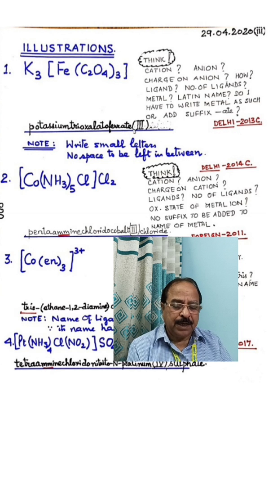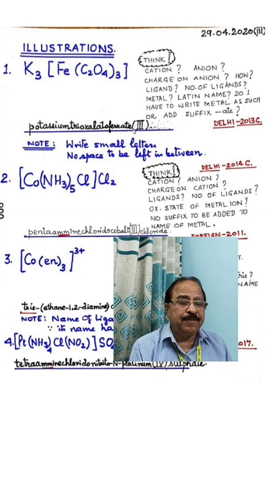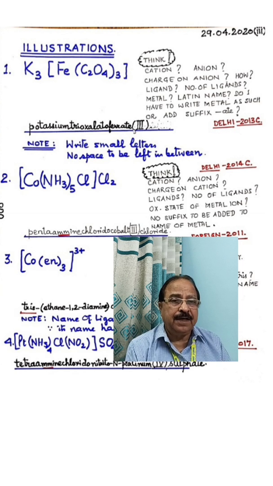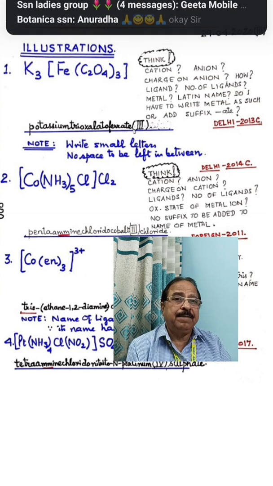So I will write potassium trioxalato, and then I have to write the name of the metal atom. Since the coordination entity is a negatively charged entity, I have to write the name of the metal atom with the ending ate, and I will be using the Latin name, that is ferrate.